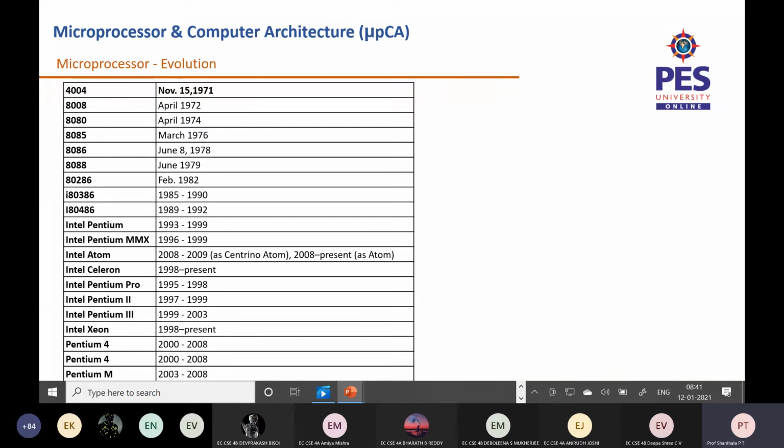And you could see here, after the Intel Pentium, we have an Intel Atom processor also, in between 2008-9.